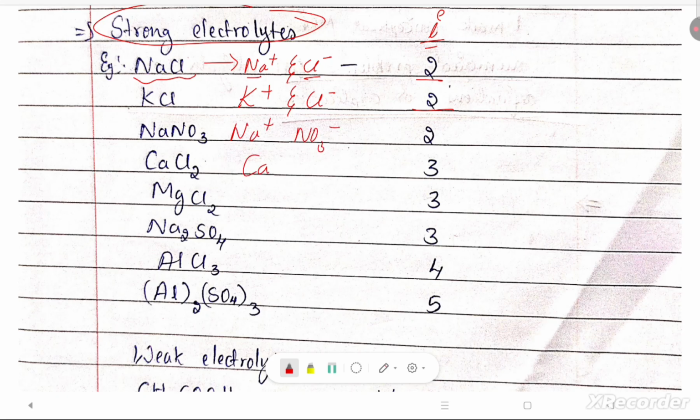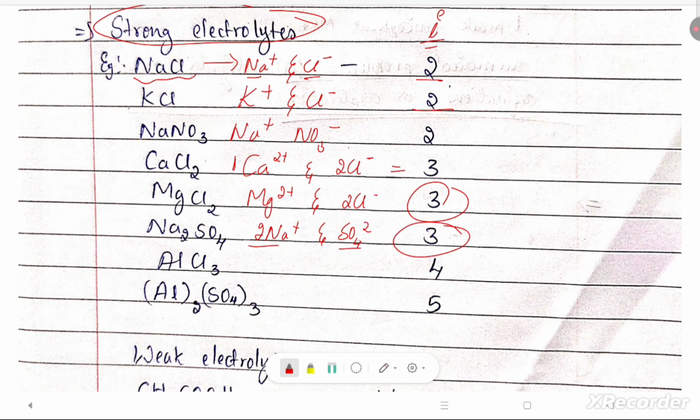Here Ca2+ and 2 Cl-, total 1 plus 2, 3. Here Mg2+ and 2 Cl-, so it is 3. Here 2 Na+ and SO4 2-, so 2 plus 1, 3. Here what will happen?